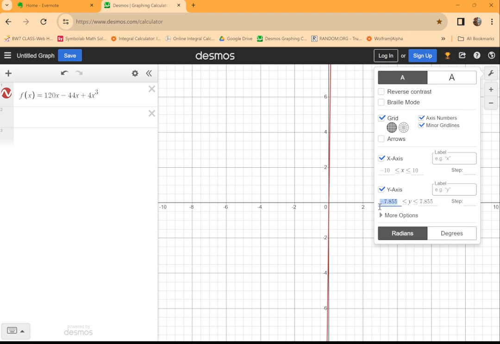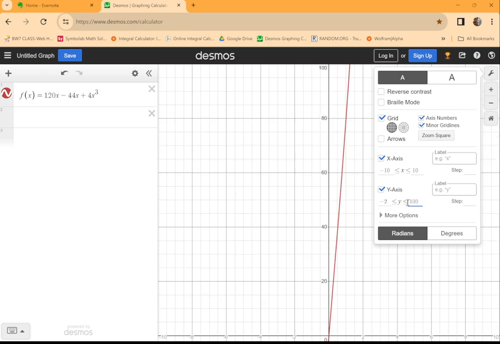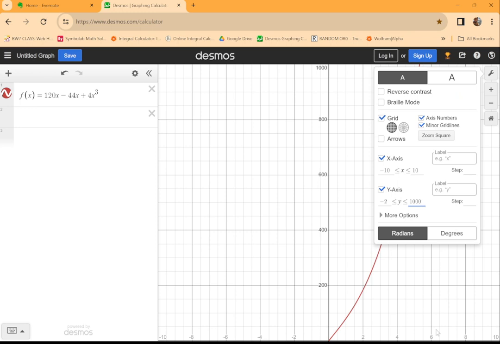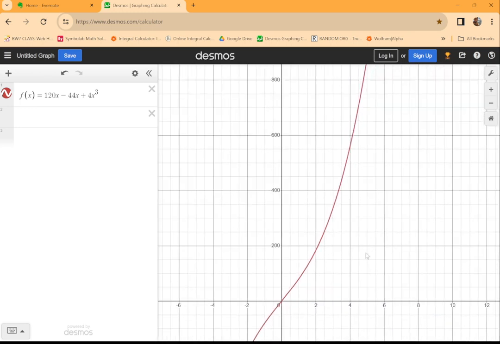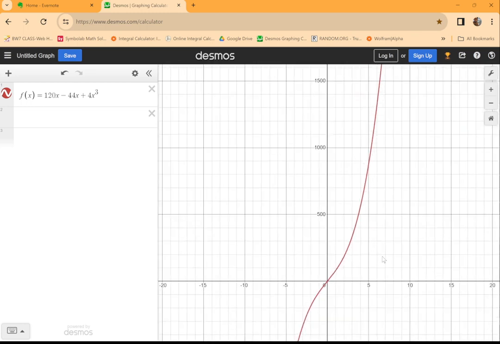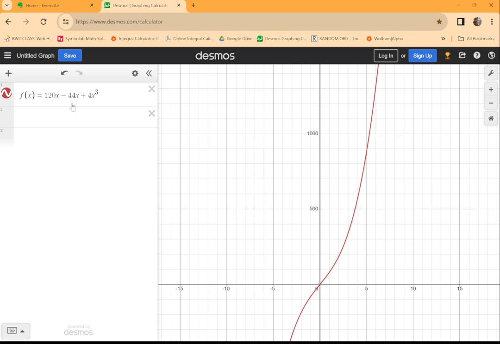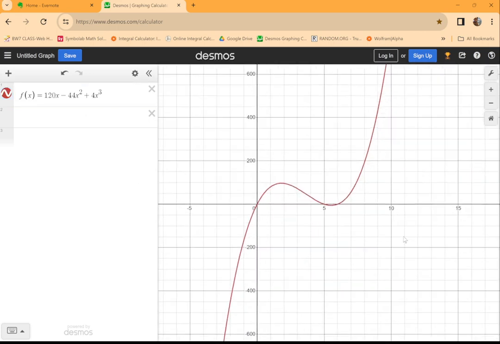So let's see. Let's make y go to negative 2. Is that enough? Oh, excuse me, I thought that looked weird. Okay, all right, there we go. Okay, that's a little better here.